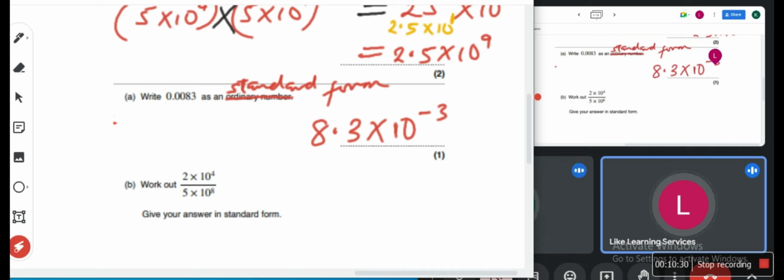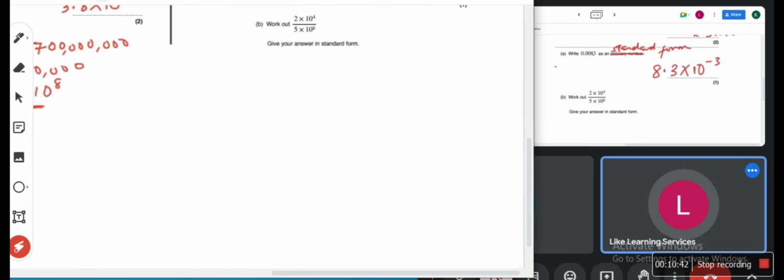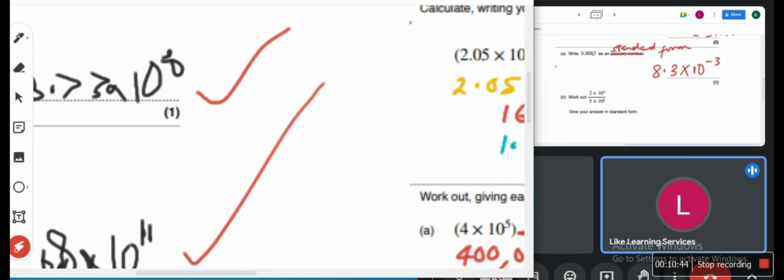You moved to the left 1, 2, 3 in front of the first number. So not in front, after the first digit. Oh no, this should be zoomed in more.